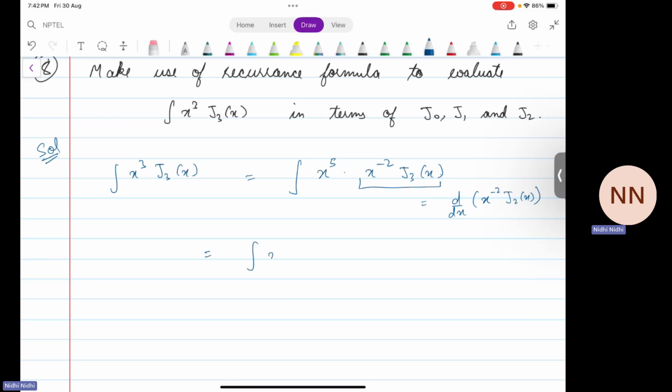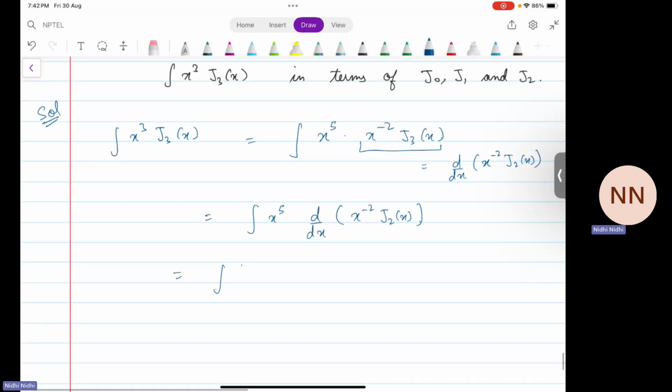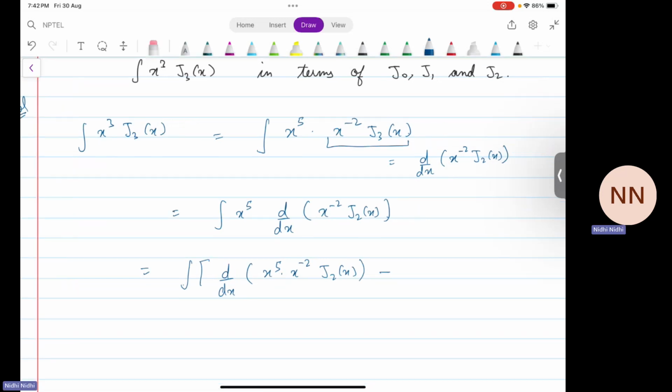that we have discussed in the starting of the session. So this is x to the power 5 d by dx of x power minus 2 J2x. Now this can be written as derivative of the whole term x power 5 x power minus 2 J2x minus the derivative of x to the power 5, 5x to the power 4, and rest of the term as it is.